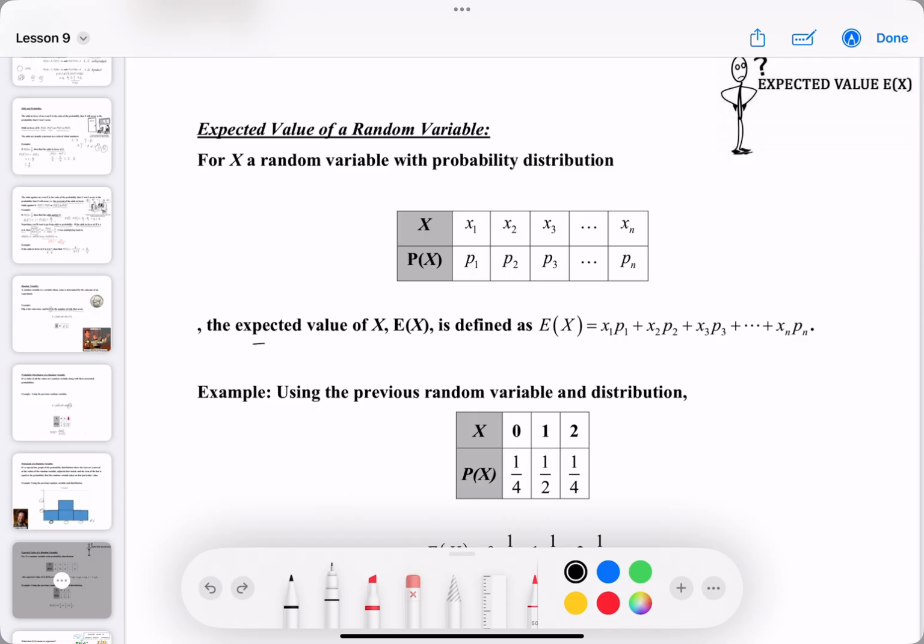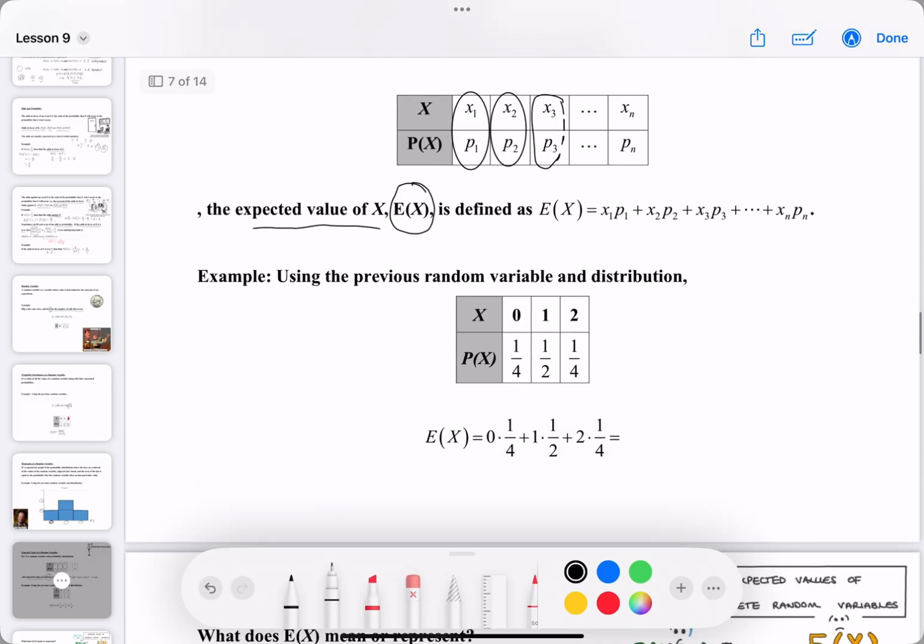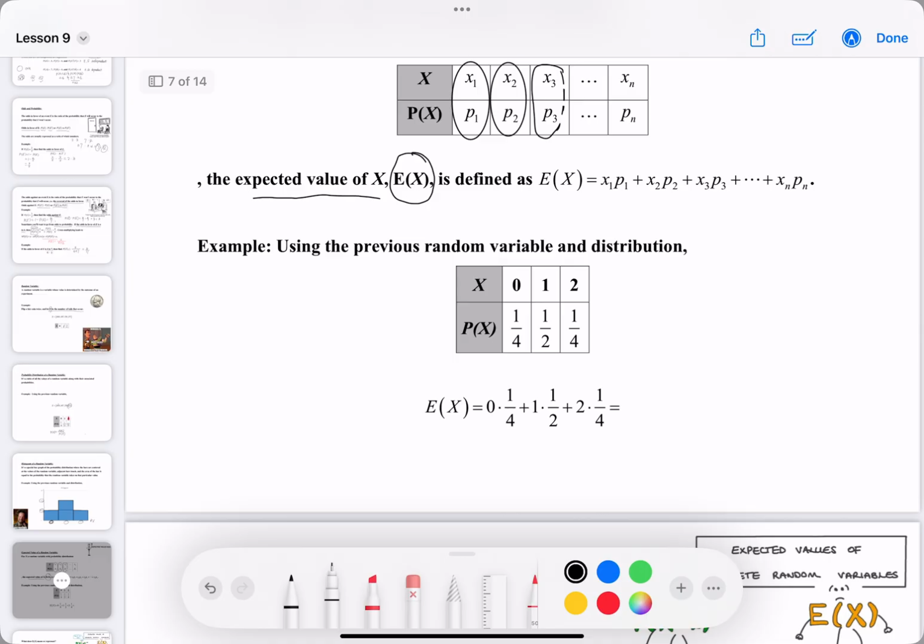The expected value of X, which we call E(X), is defined as E(X) equals x1 times p1 plus x2 times p2 plus x3 times p3 plus x4 times p4, etc., plus xn times pn.